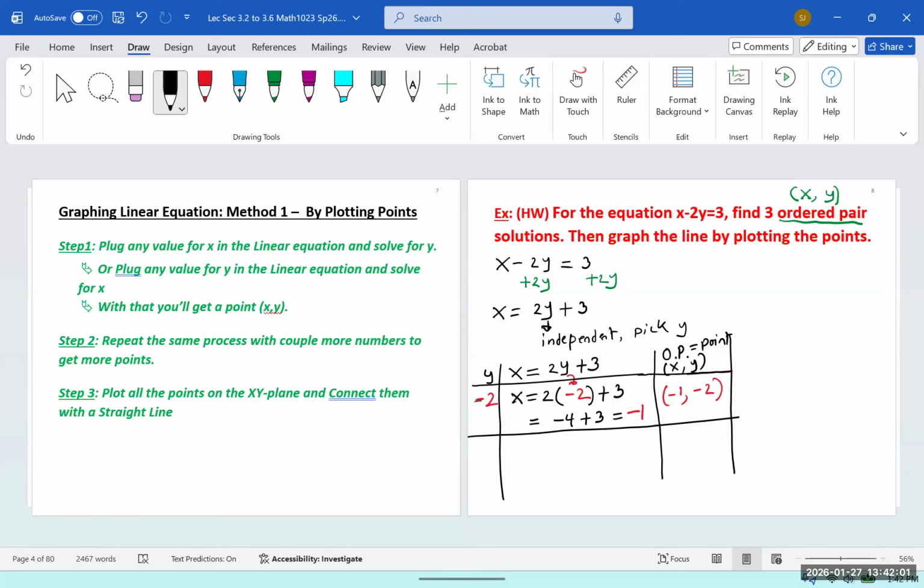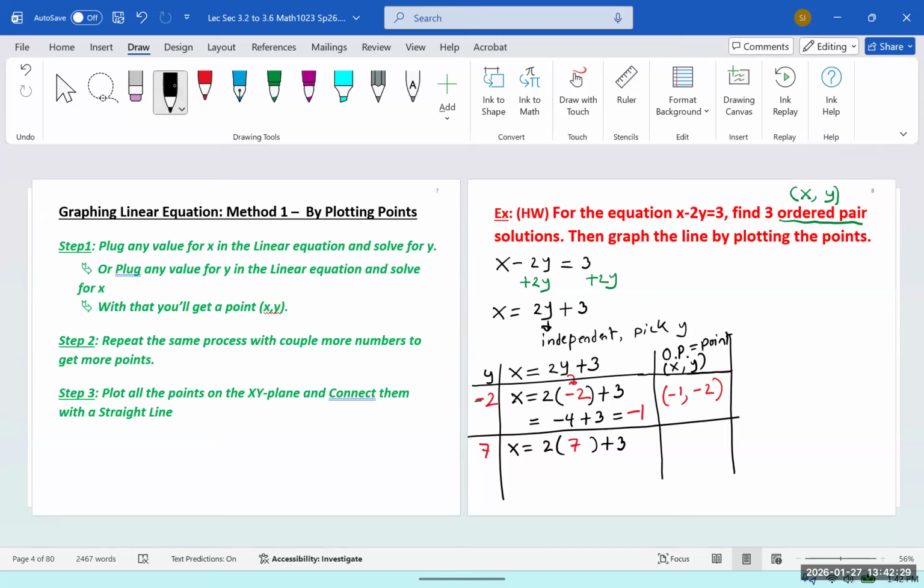Christian, go ahead. Why did you pick -2 as your y value? You can pick any number. I just randomly picked -2. What number would you pick? Pick a number for y. Maybe 7. Okay. Y is 7. That means x is twice 7 plus 3.